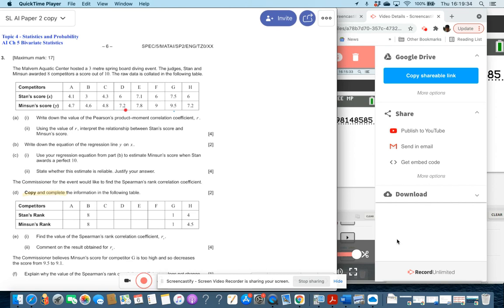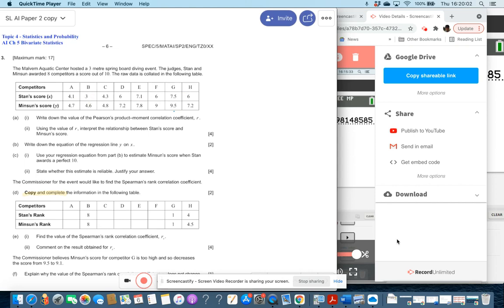And then we can see the 4th and 5th are ties here at 7.2. So we add 4 plus 5, divide by 2, and we assign these two ties a 4.5. Okay, Stan didn't have any ties. Again, top score, start counting down to the bottom score, which was a 3 given here.